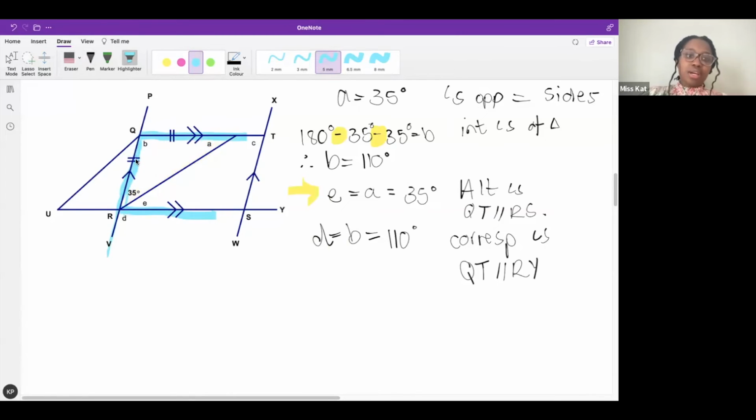There's the F, okay? So over there and over there, that is where my equal angles are.